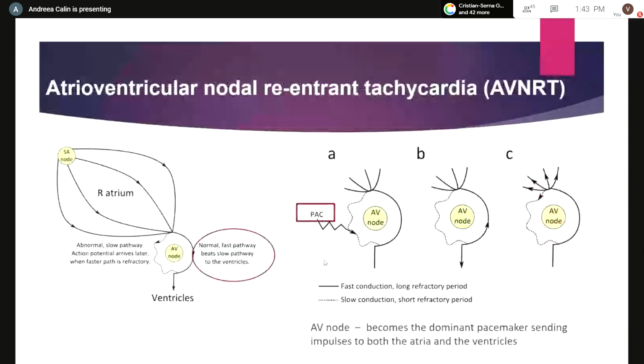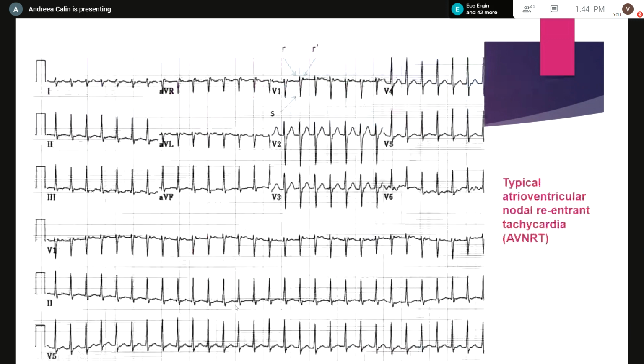There are two types of atrioventricular nodal reentrant tachycardia. The slow-fast, which is the most frequent, with conduction antegrade to the slow pathway and retrograde to the fast pathway, and the fast-slow, which is very rare.